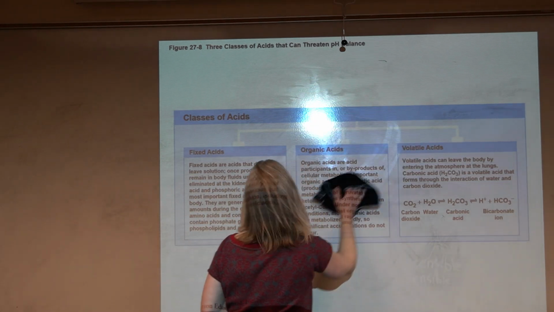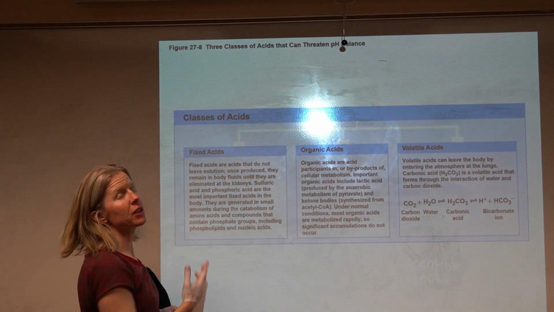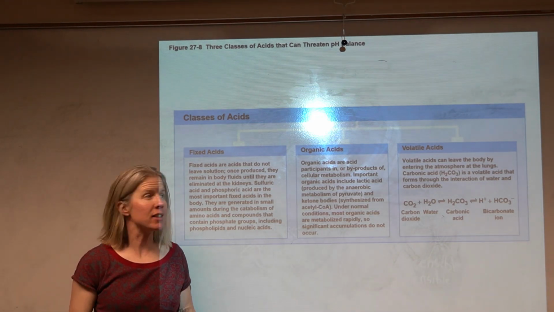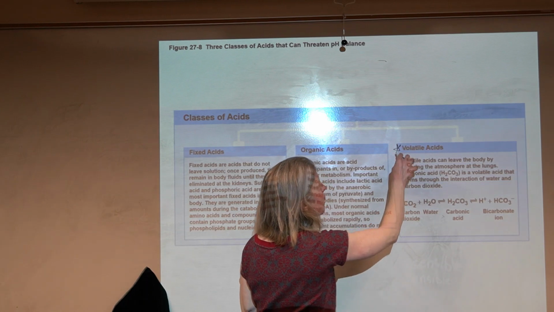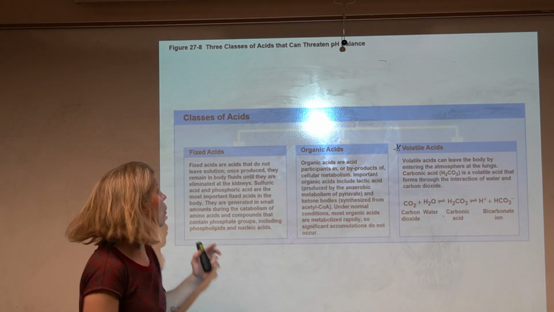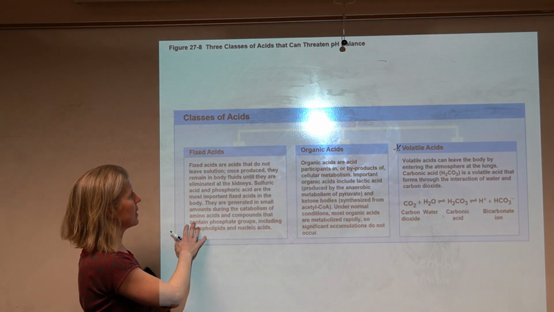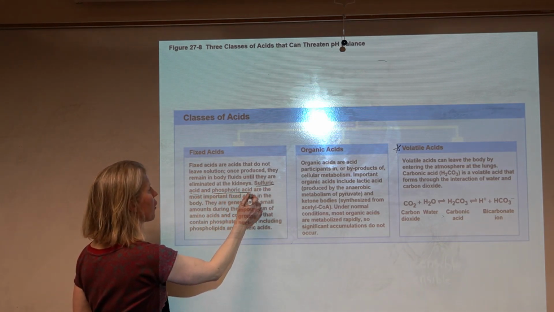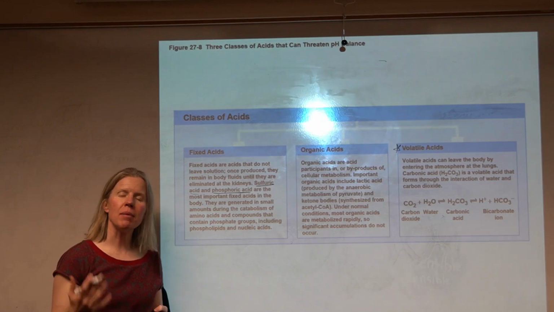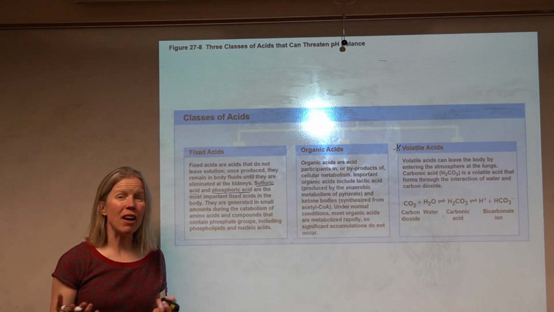So we have multiple different classes of acids. Now, I will say this before I launch into it. This is the one that we're going to talk about the most, okay? So fixed acids, these are things like sulfuric acid and phosphoric acid, and they're really not ever in huge amounts.